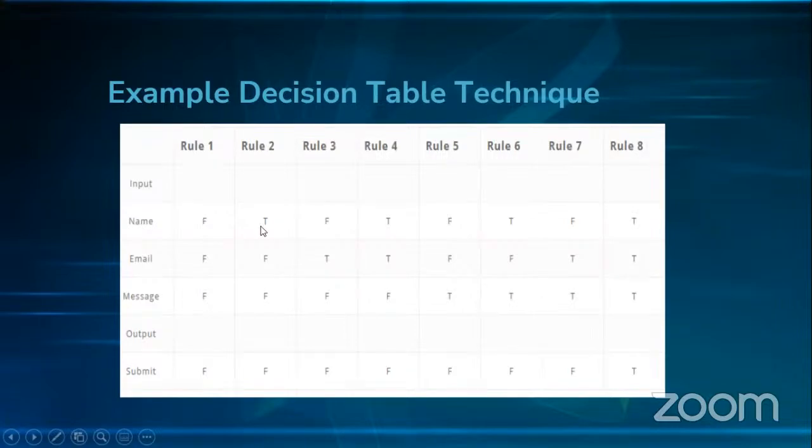That's another combination. I've put the correct name, but I put a false email. I didn't put any message, which shows that these two mandatory fields were not filled. So I've got true, false, false.